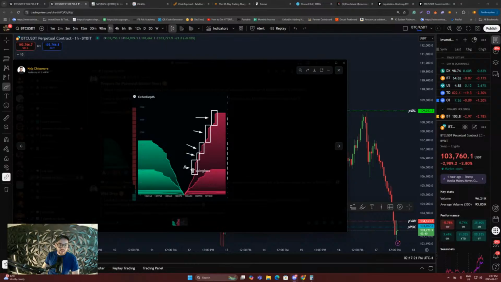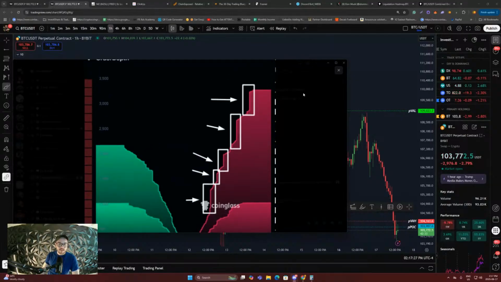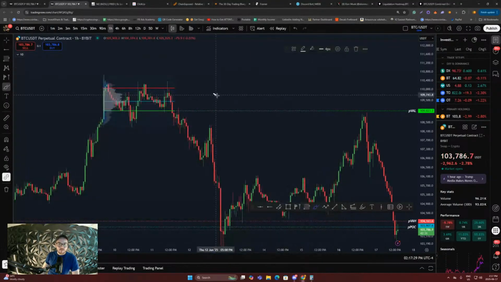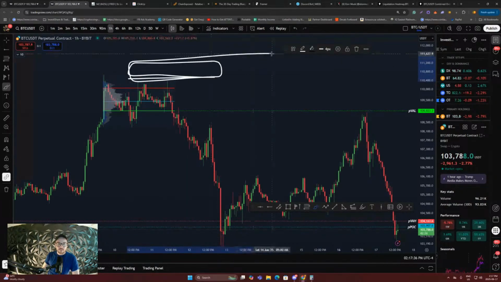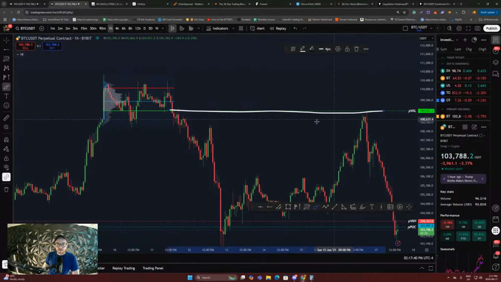But we can see last night we had stacking sell walls. Market makers did not want to get acceptance into that value area. So it's a fairly heavily guarded area, with tons of liquidity stacked right here. We had the supply concern here, and we couldn't get acceptance in the value area.